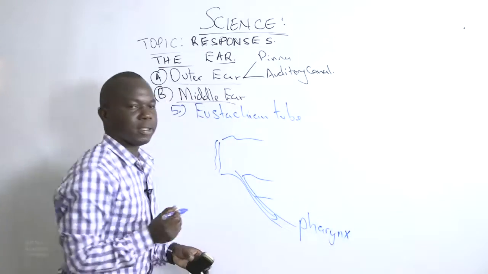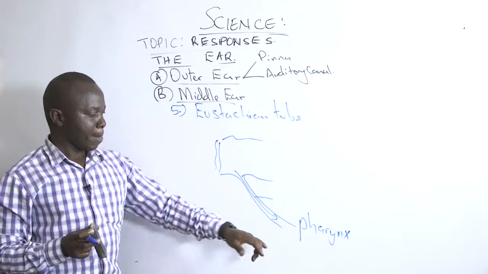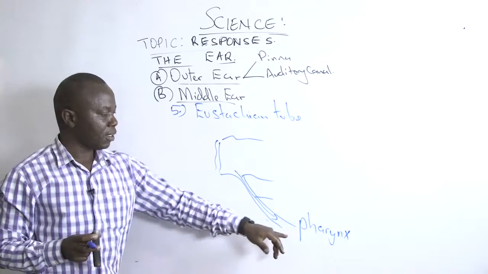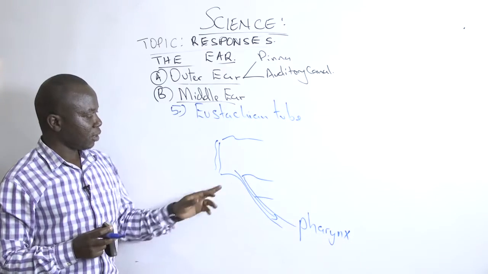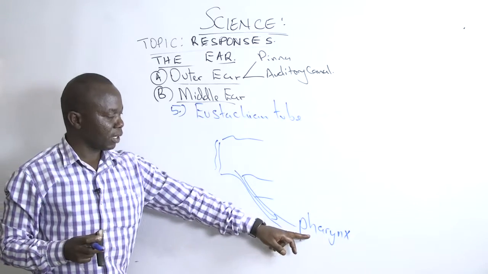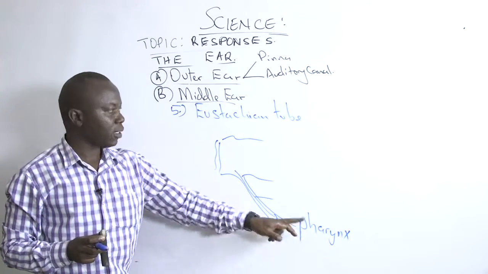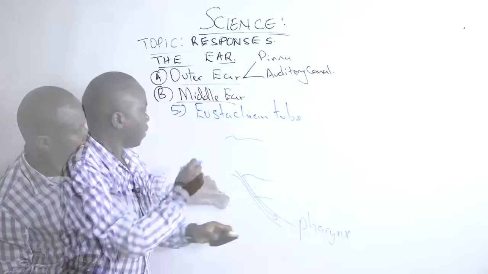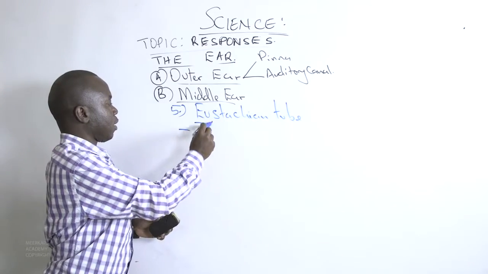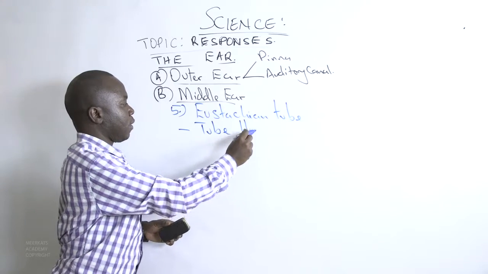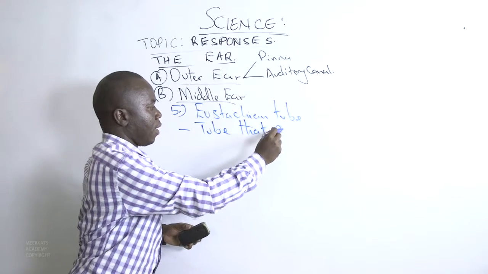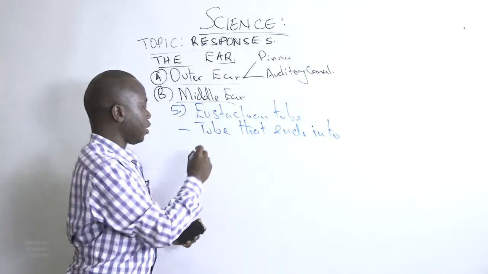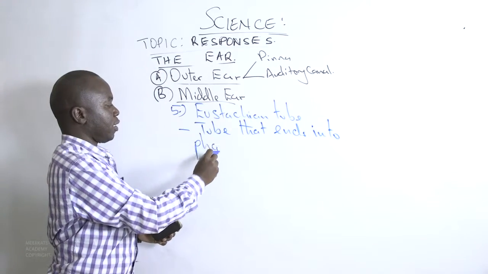Remember pharynx, when you are looking at the respiratory system, the throat area is the pharynx. So that long continuous tube that ends into the pharynx is called the Eustachian tube.